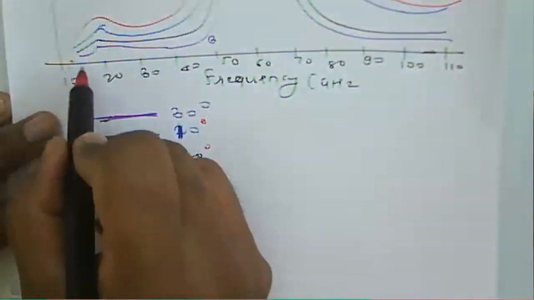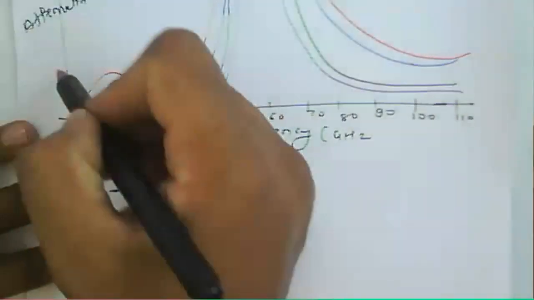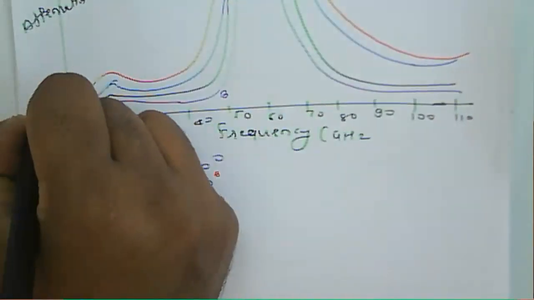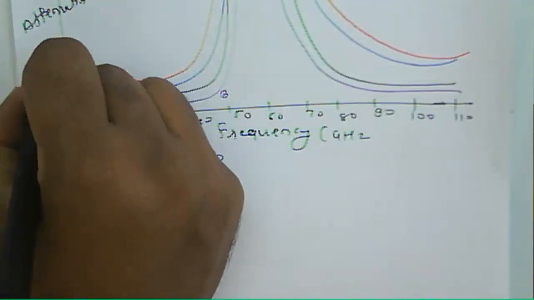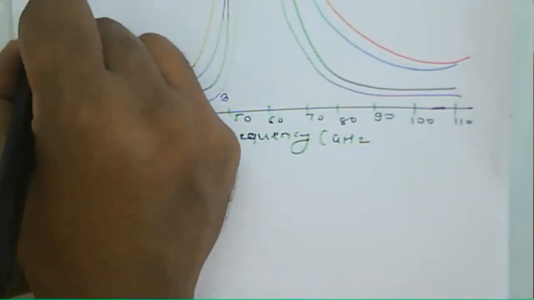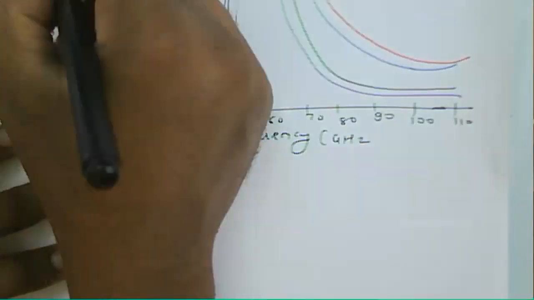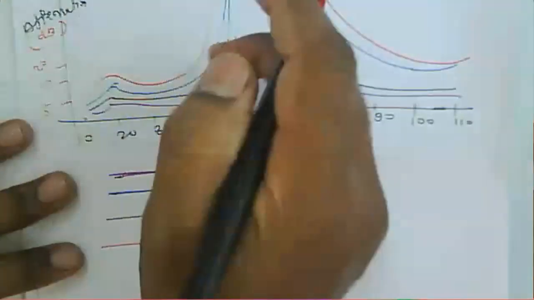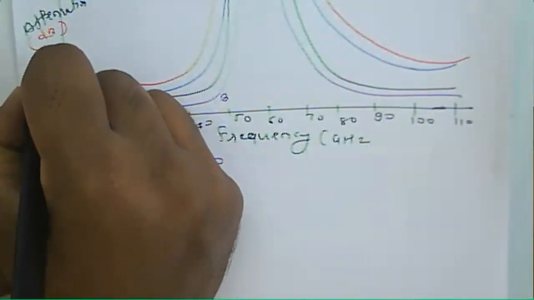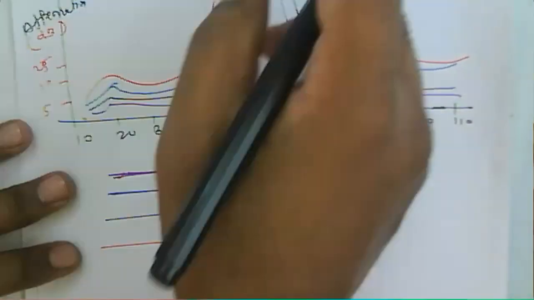All these are the elevation angles. Now when we vary the frequencies, the attenuation goes from 5, 10, 20, up to about 40. Okay, 10, 15, likewise up to 50.